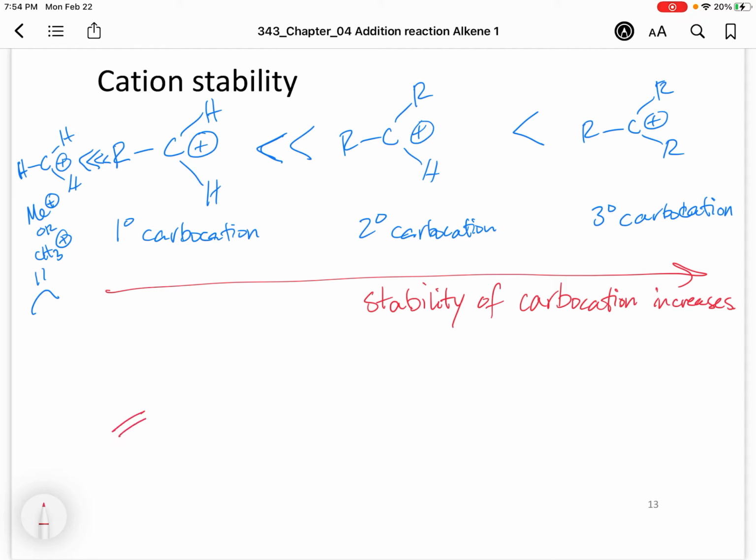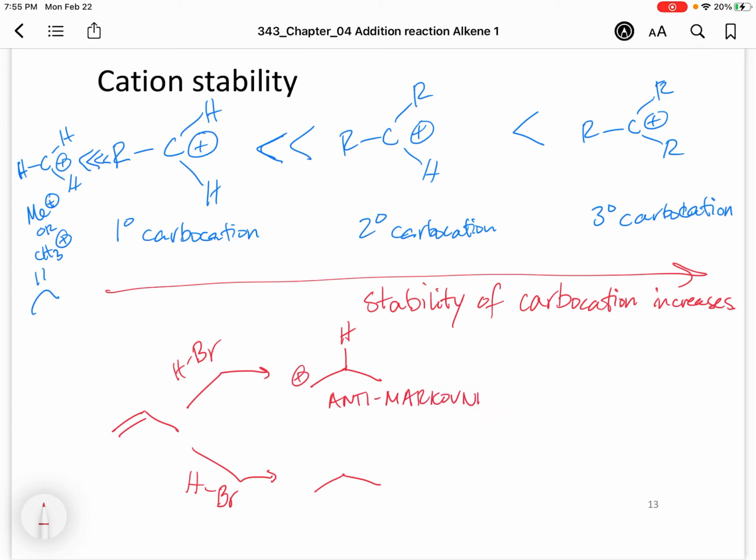So in our previous example, when we reacted propene with HBr, we could either get the hydrogen adding to the middle carbon, which would be anti-Markovnikov, probably spelled that wrong, or we could add the hydrogen Markovnikov.